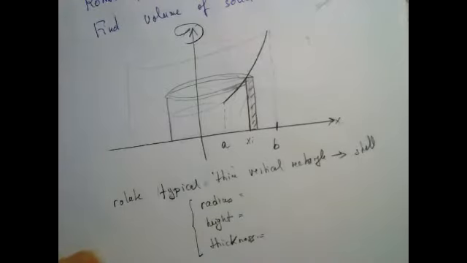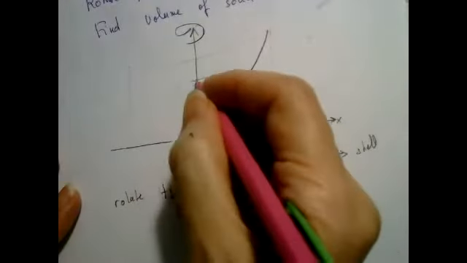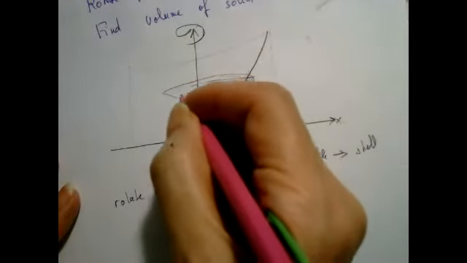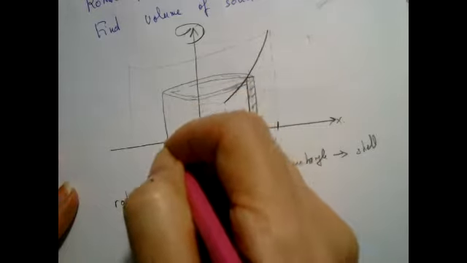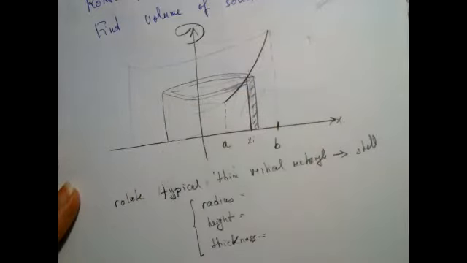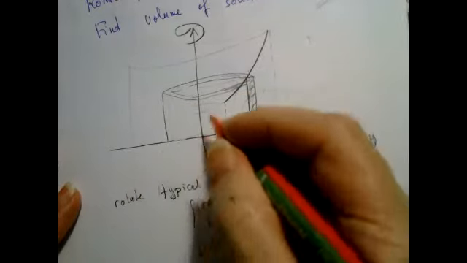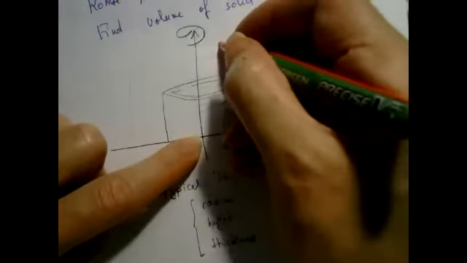All right, so now the main idea. We look at the picture very, very well. What's the radius of a shell? Is it x i? Absolutely, x i, because we're rotating, and this is the axis of rotation.